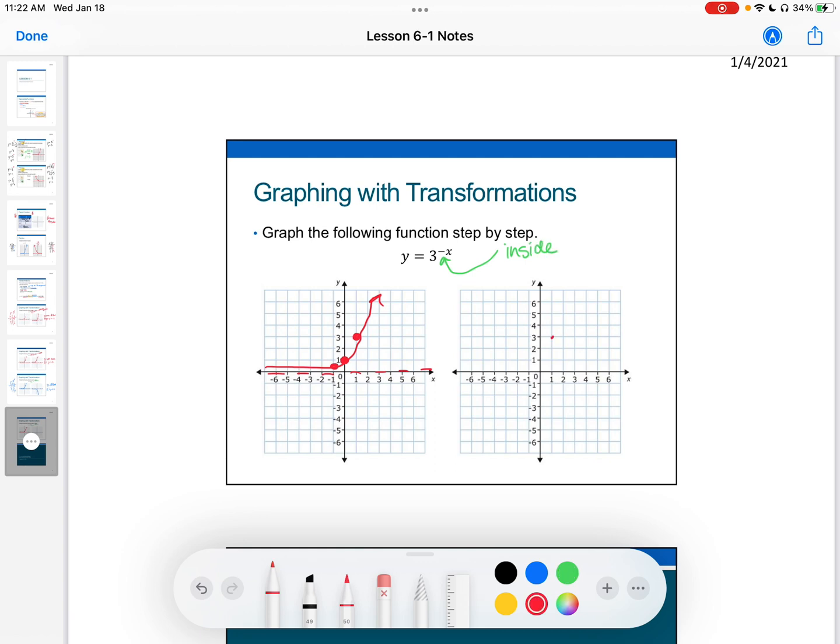My point over here flips over to this side of the axis. 0, 1 is already on it. And then my fraction point also flips over. Your horizontal asymptote flips over. It's not going to look any different though. And that is an example of what a horizontal flip will look like. We will be practicing these when you guys get back to class next time.